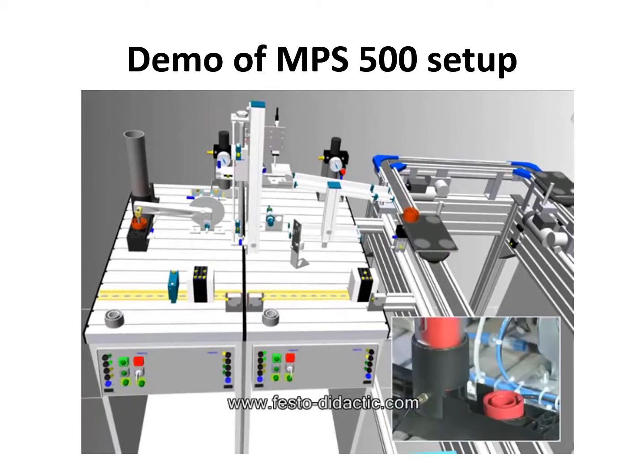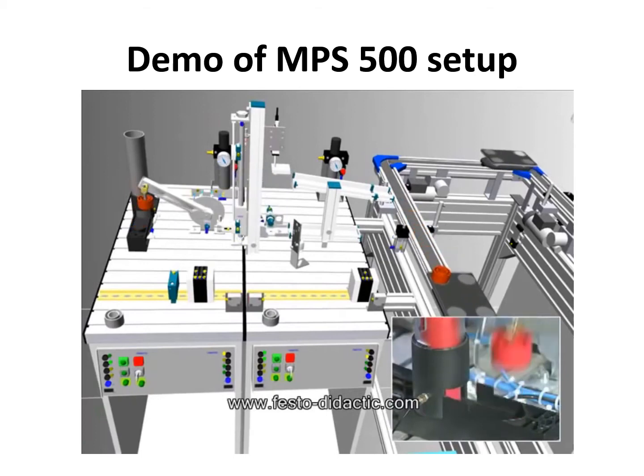Anyway, the concept is the same from the pneumatic circuit design point of view, from the electrical circuit design point of view, from the PLC programming point of view. And if you learn these systems, then you could work with the bigger ones.